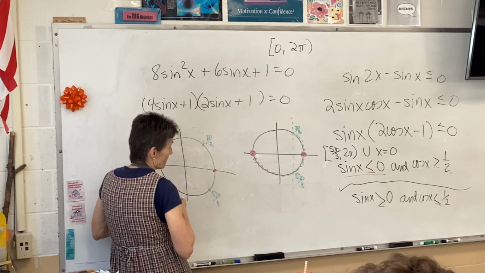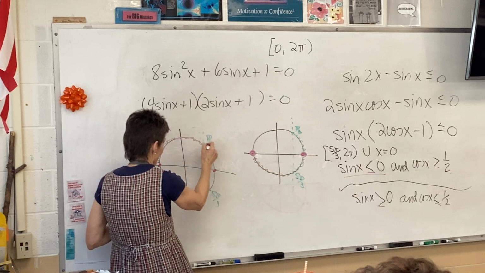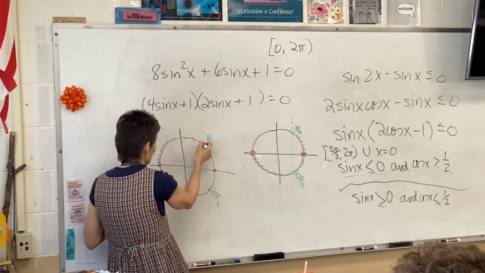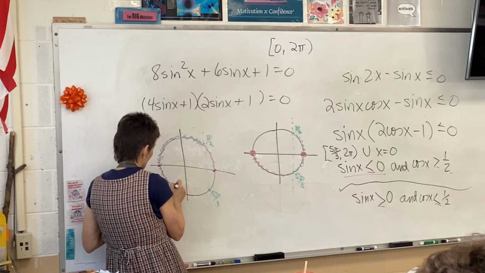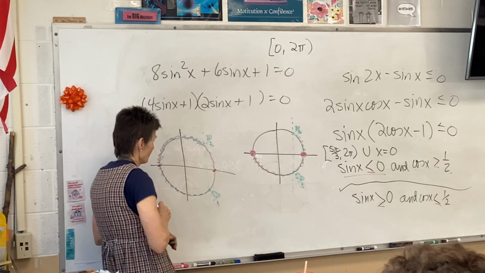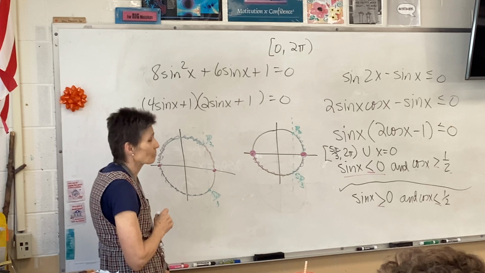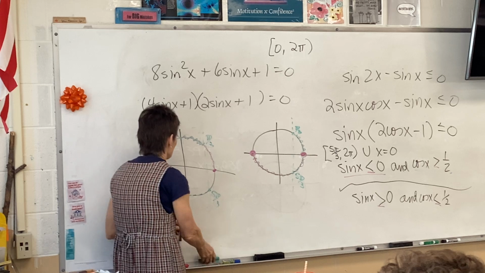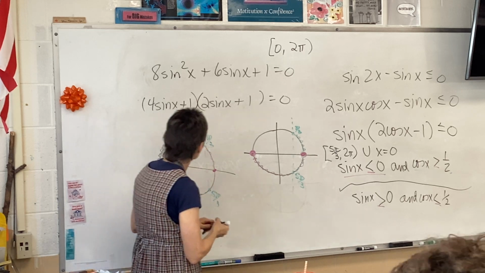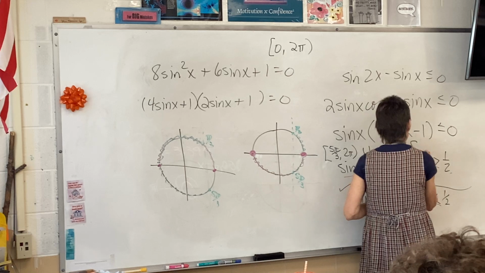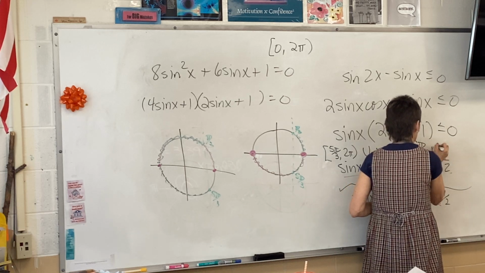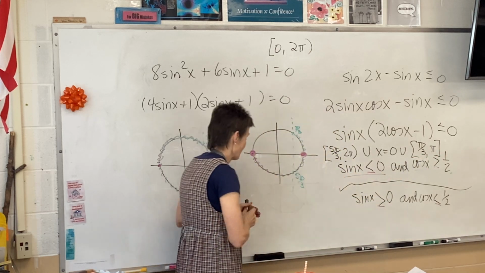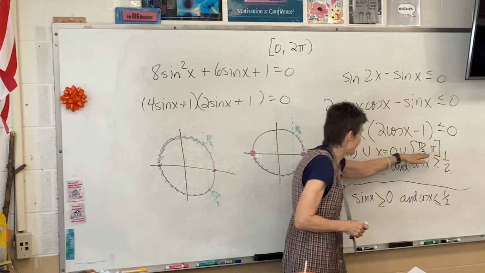This time I'm bigger than 0 and I am less than 1/2. We got anything there? Pi over 3 to 5 pi over 3, both bracketed, keep going. So this is what we end up with as our answer.